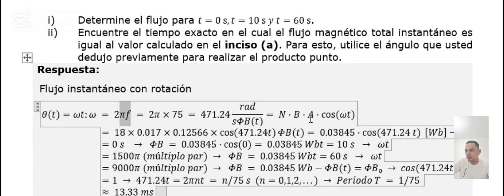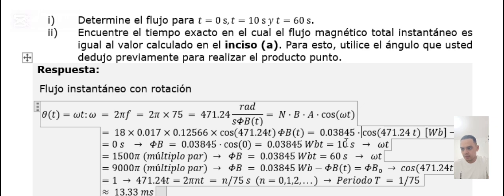This is equal to the result, because as the coil rotates the angle changes with time according to cos Wt. So the instantaneous magnetic flux becomes this, and as I replace the values, the equation is this.